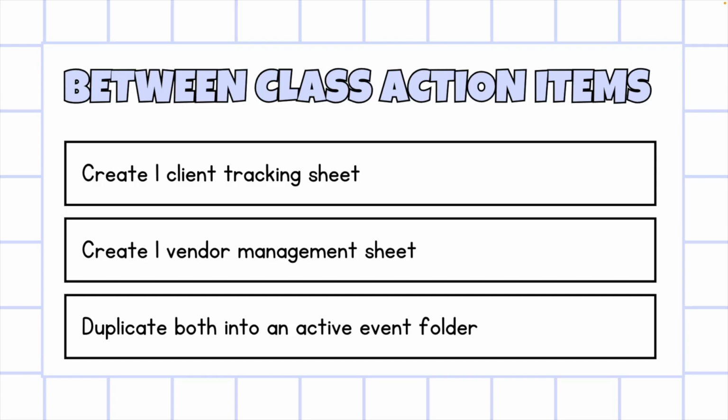This will streamline your interactions, ensure all vendor information is up to date and readily available. And finally, make sure once you create these in the master template folder, duplicate those sheets into the active event folder under the client's name, right? This step is crucial for maintaining updated records and ensuring seamless access during events.